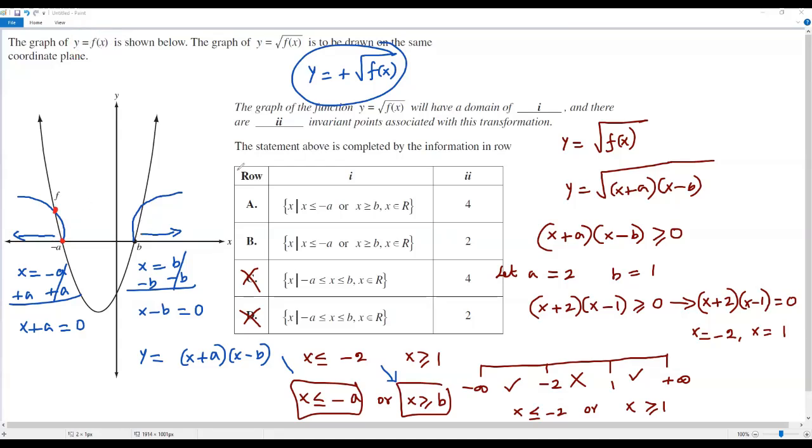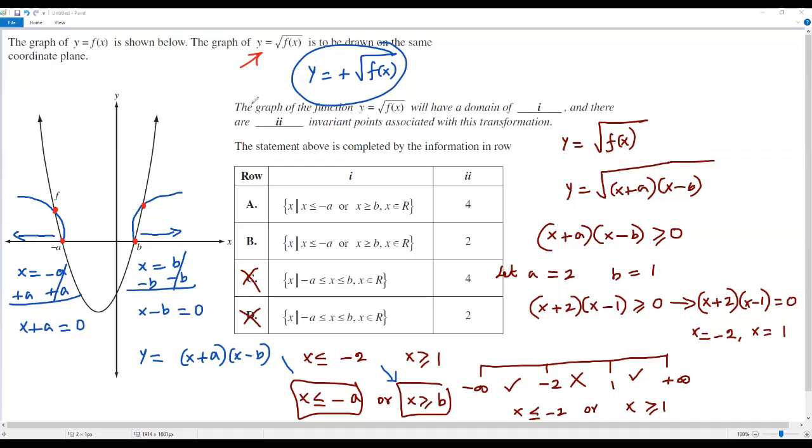And here the graphs intersect in 2 points over here. So the original graph, the parabola represented by y equals f of x, and the graph of the transformed function y equals square root of f of x are intersecting in 4 points.